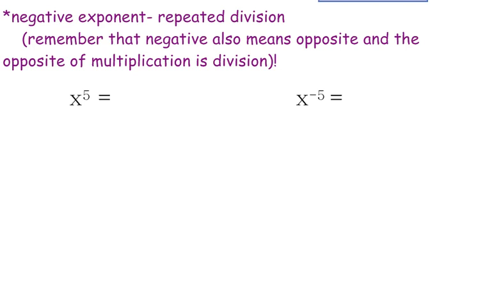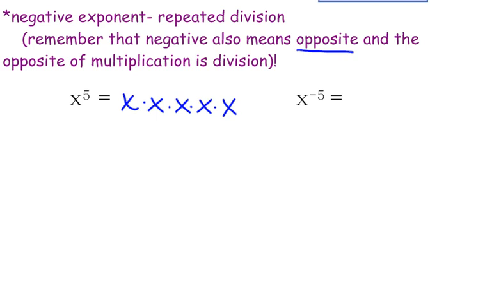And since negative means opposite, and the opposite of multiply is divide, then this makes sense. So here's what it's going to look like. X to the 5th. What does that actually mean? It means x times x times x times x times x, x to the 5th. I am repeatedly multiplying x by itself.